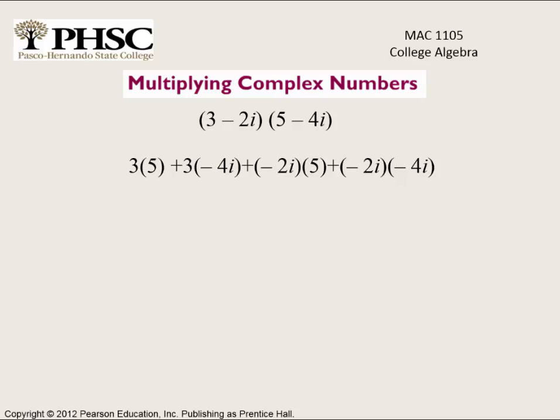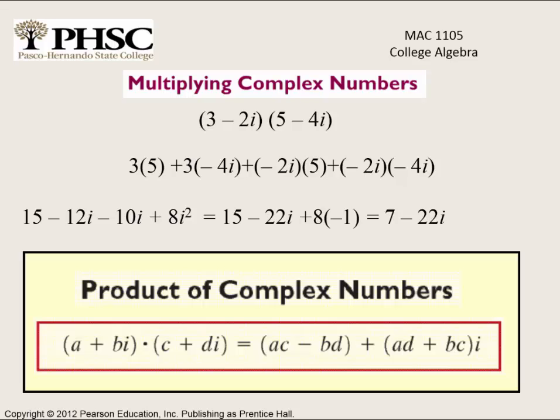When we carry this out, we end up with 15 minus 12i minus 10i plus 8i squared. Remember that at the beginning I told you that i squared is equal to -1, so we can rewrite that i squared as -1. Now, -12i minus 10i is simply -22i. So now we have 15 minus 8, so we end up with 7 minus 22i.